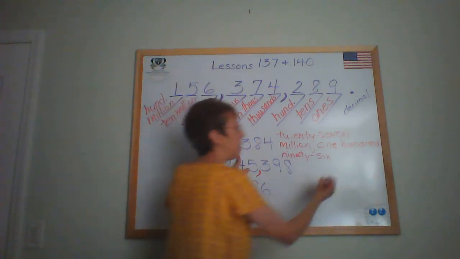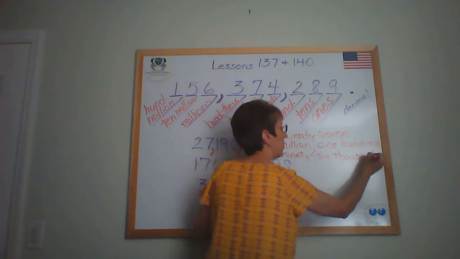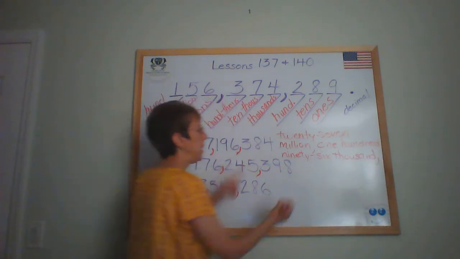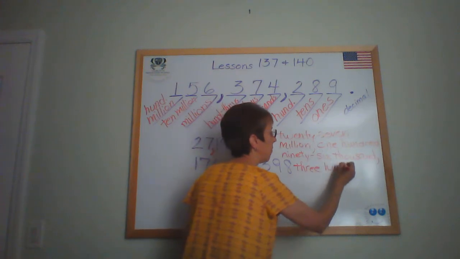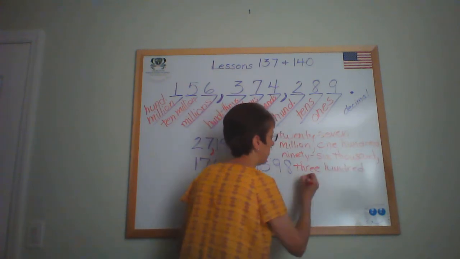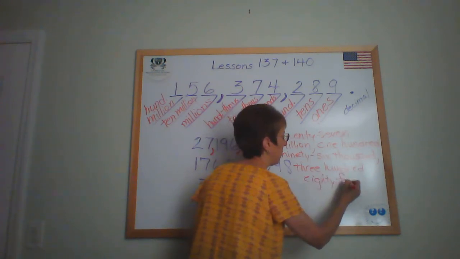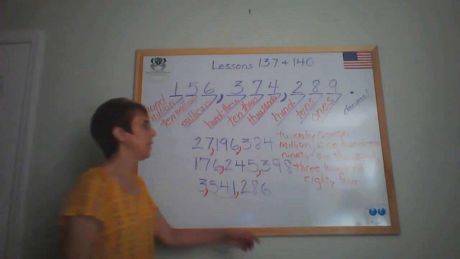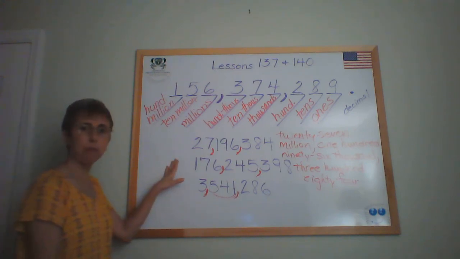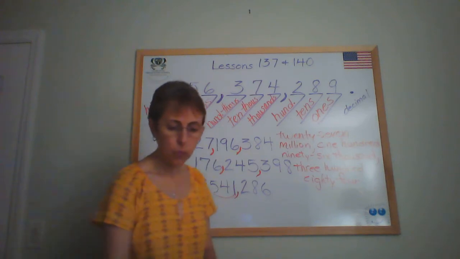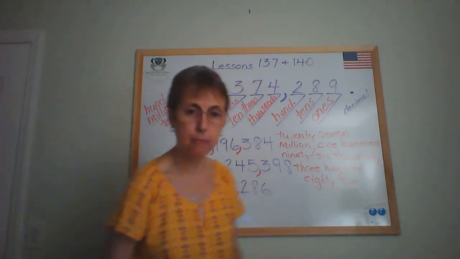This comma says we say thousand. We do place a comma after that when we write it, and then we have 384. 27,196,384.